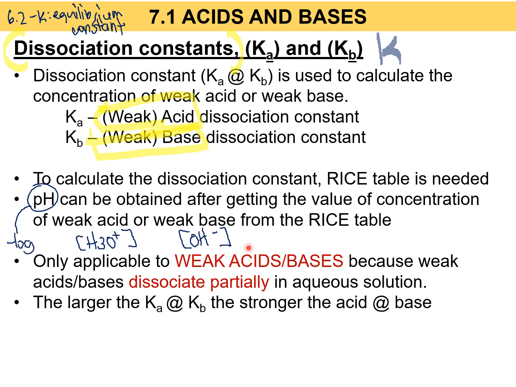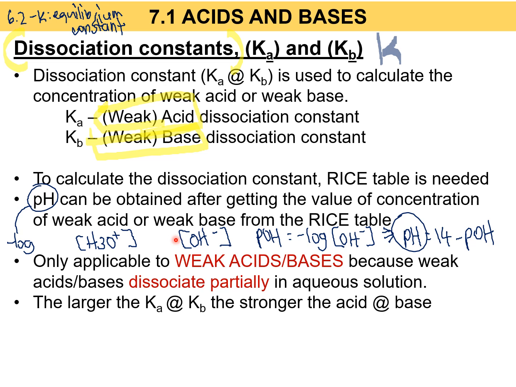Tapi kalau you ada nak kena cari pH of weak base pun tiada masalah. You just need to find the concentration of OH- so that you boleh cari POH. POH ialah negative log concentration of OH-. And lastly, you kena gunakan formula pH is equals to 14 minus POH to find pH value for weak base.